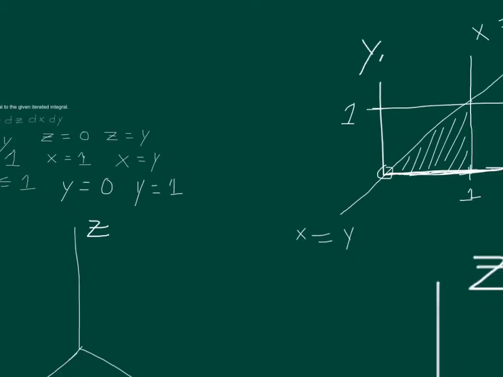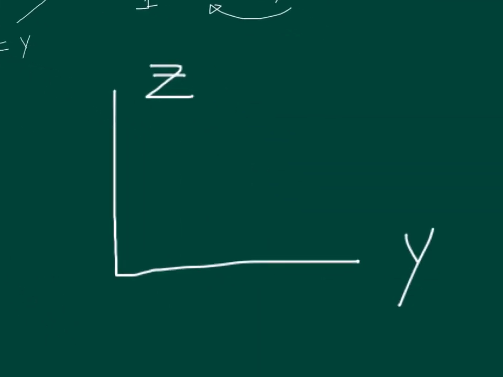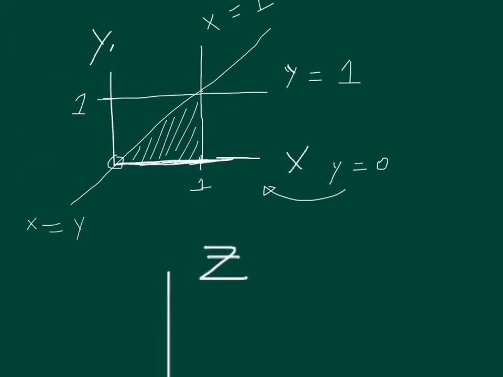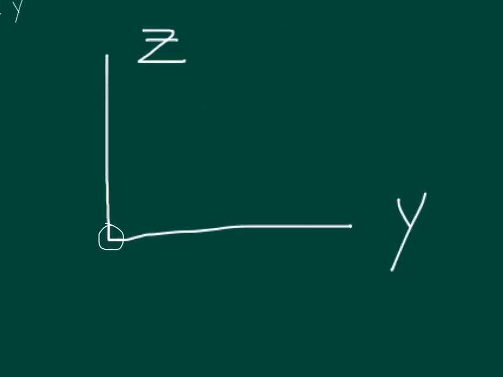Now, when we look at our zy plane and we consider this point here as the origin, where is z equal to 0? And z is equal to 0 is very much comparable to the equation y is equal to 0 on the xy plane. And so z is equal to 0 would be this horizontal line here, which is actually the equation in this plane of the y axis.